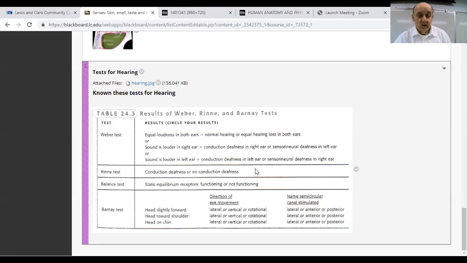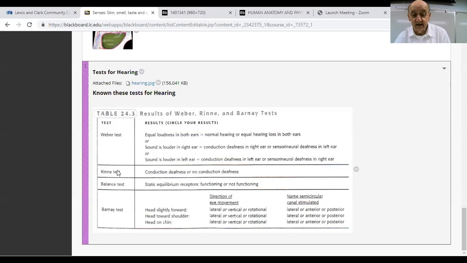So what is there to remember about Rini and Weber tests? And you might want to write this down. It's important to remember that these two tests are carried out by a tuning fork, and that in the Weber test, the tuning fork is placed on the top of the head. And in the Rini test, the tuning fork is placed right on the temporal bone behind your ear.